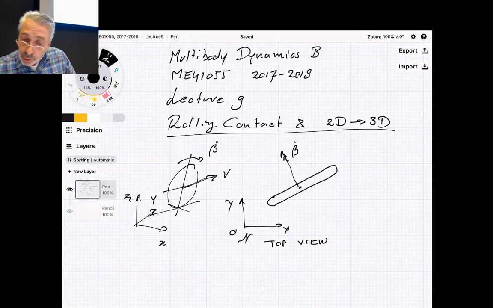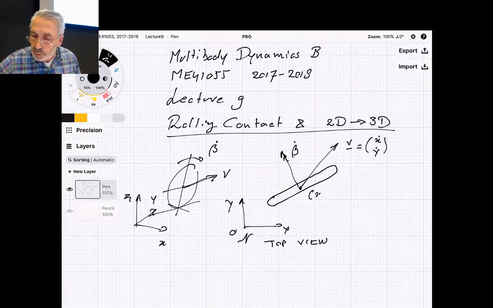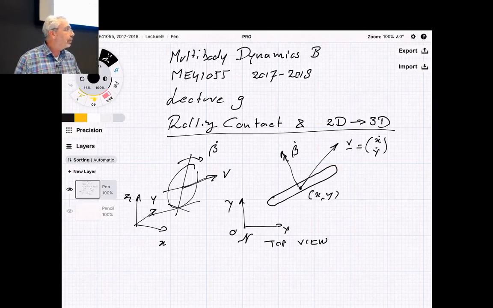And then, of course, the wheel also has some forward speed. And on purpose, I draw the forward speed, which is a vector v, and in this case, it's just x dot, y dot, because we have here this position of the center of mass x and y. And on purpose, I draw it such that it's not aligned with the direction of the wheel.